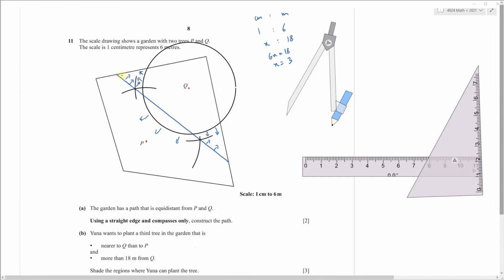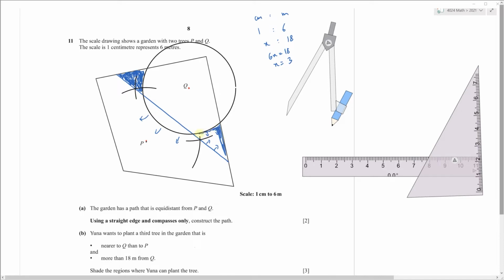So that gives you these two regions in which the third tree can be planted, which satisfy both the conditions that the third tree is more than 18 meters from Q and closer to Q than P. So these two regions satisfy both conditions.